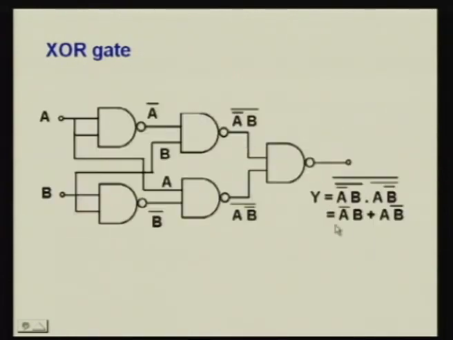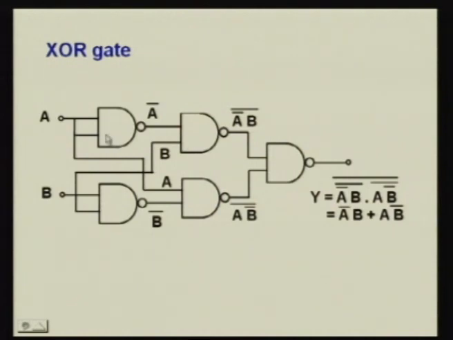So for the XOR gate, we want at the output A bar B plus AB bar. Again, as I told, a very simple way: take the double bar and simplify it, and you will very easily get how many gates you need and how to give the inputs to the different NAND gates.